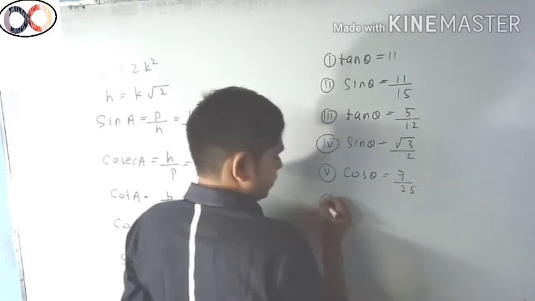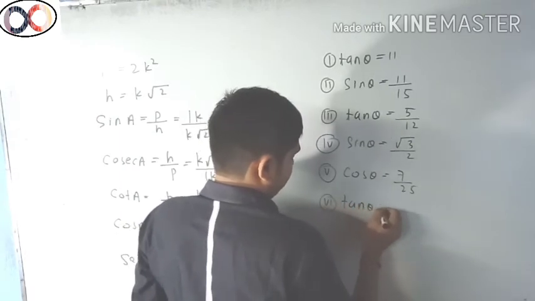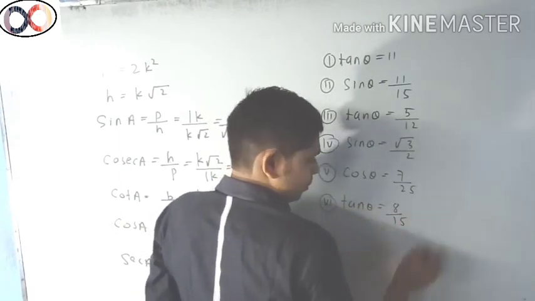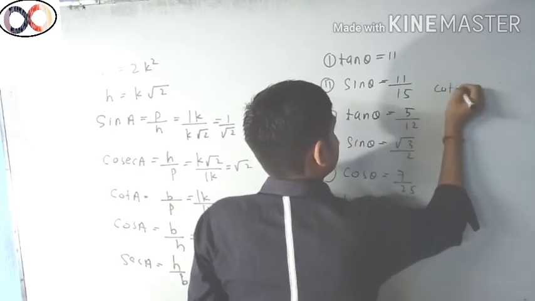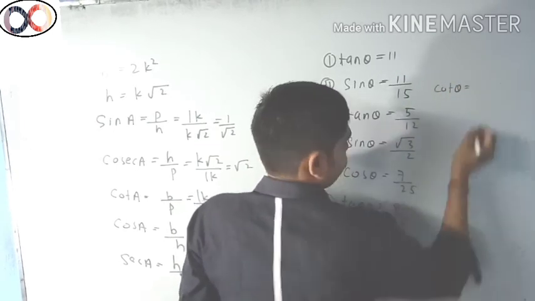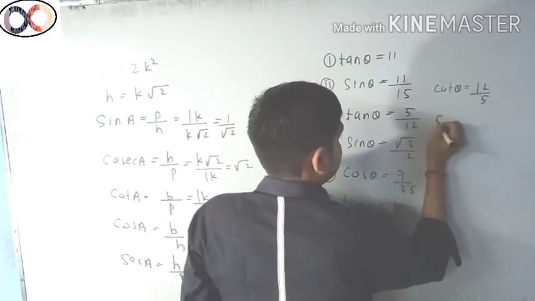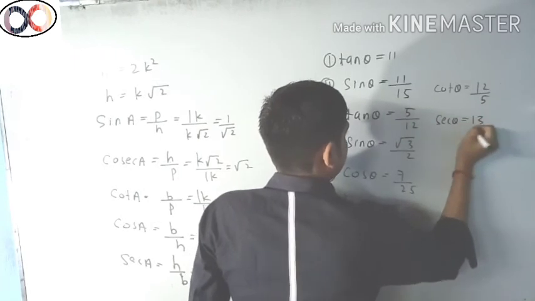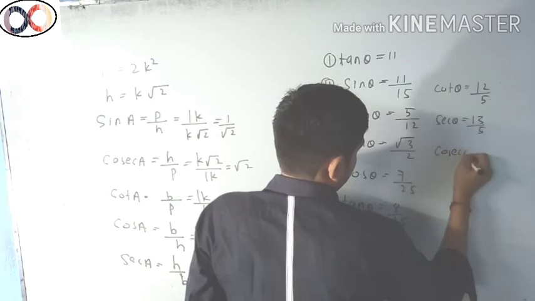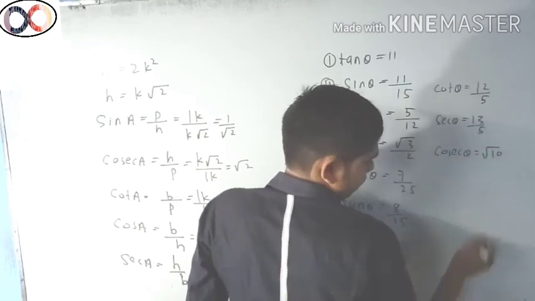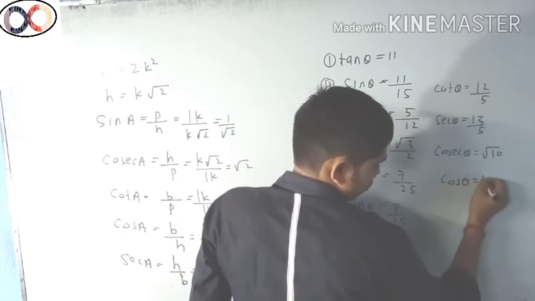Sixth, tan theta is 8 by 15. Next, cot theta is 12 by 5. Next, sec theta is 13 by 5. Next, cosec theta is root 10. And next, cos theta equals 12 by 15.